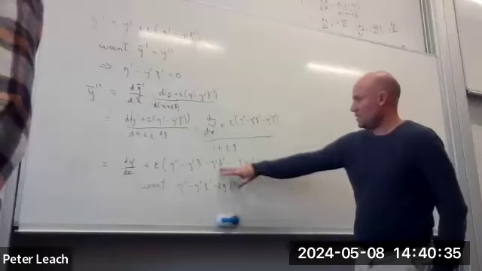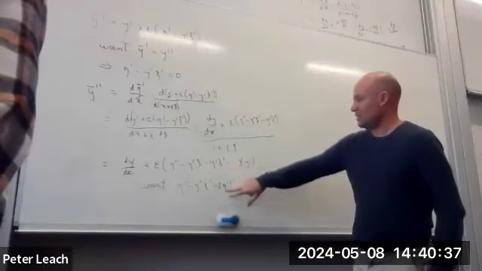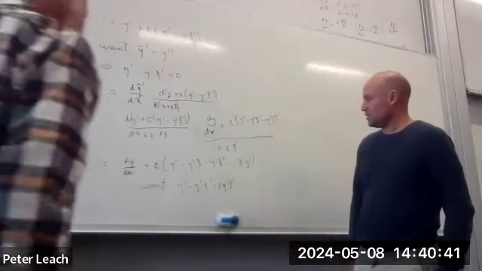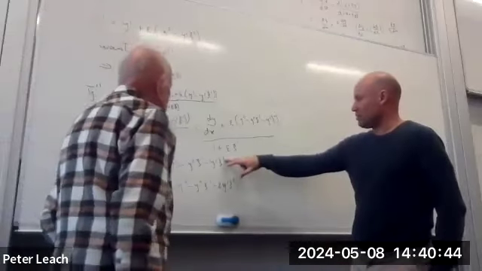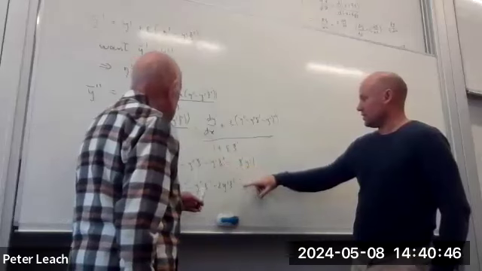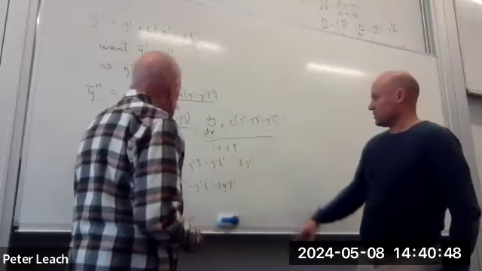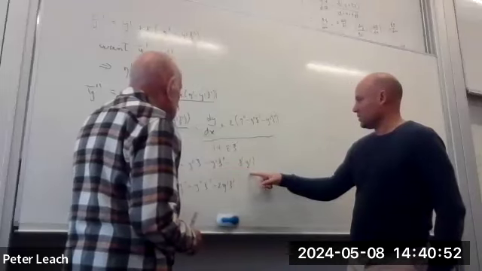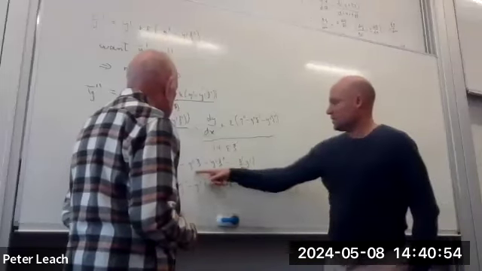Because that's what I wanted. These two, they do give you this? No, it doesn't, because that's got a double prime there, you see. So these terms are all different. Well, they shouldn't be.